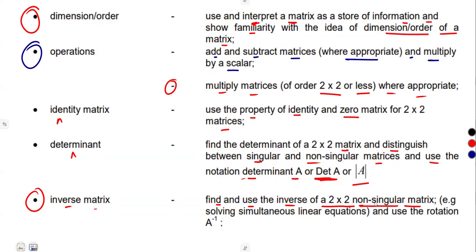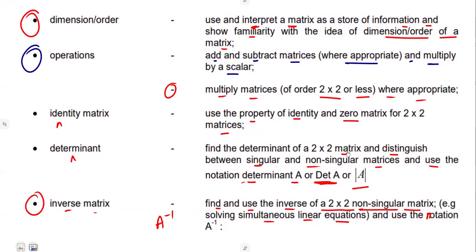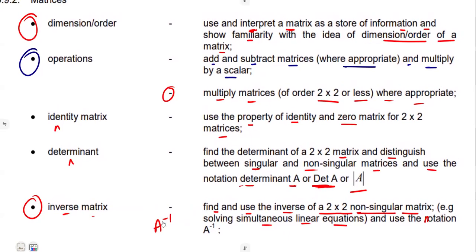For a non-singular matrix, you're going to use this for an example, solving simultaneous linear equations, and use the notation A to the exponent of negative 1. That notation here is for the inverse of a matrix. When you're given A to the power of -1, you know that you are dealing with an inverse.